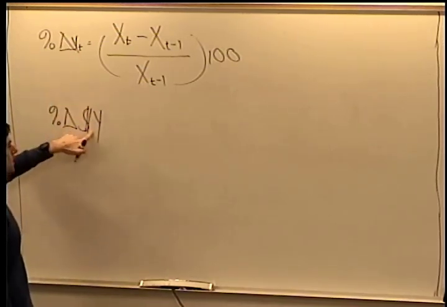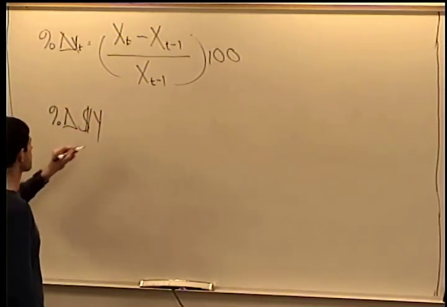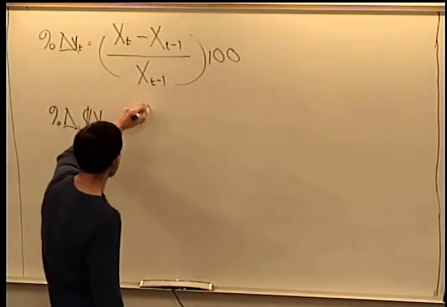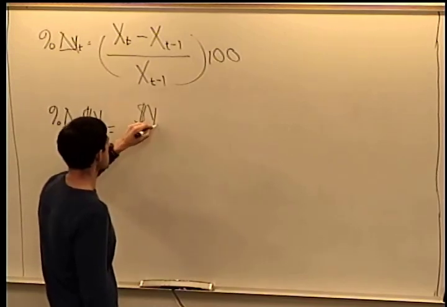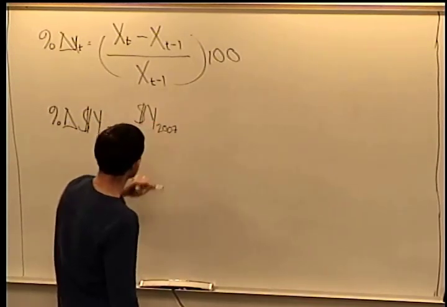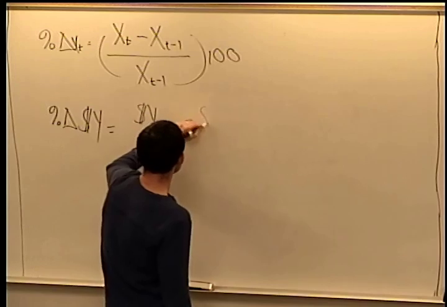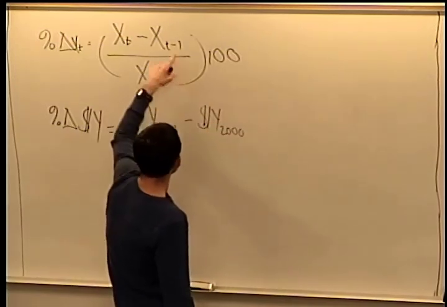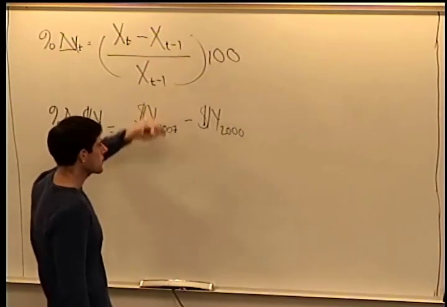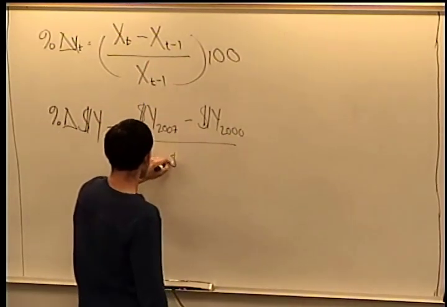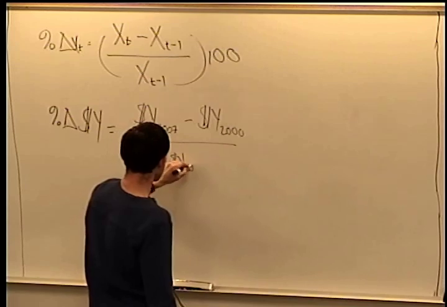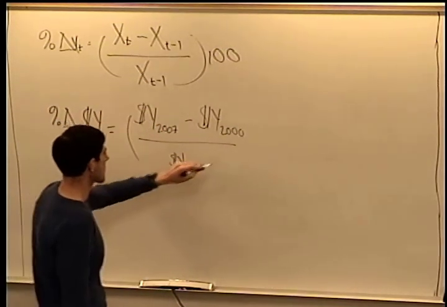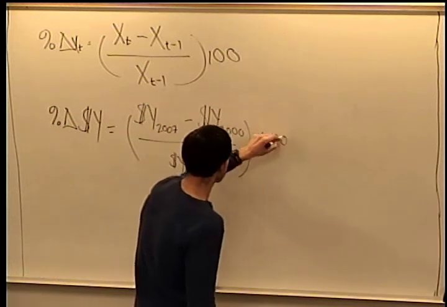So for X, I just plug in nominal GDP. Well, that's going to be equal to nominal GDP in the later year, which was 2007, minus nominal GDP in 2000, the earlier year, divided by nominal GDP in the earlier year, 2000. And then we take that and we multiply it by 100.